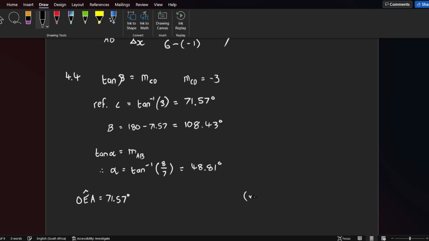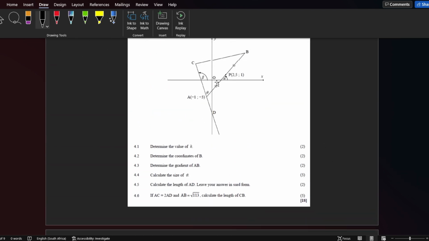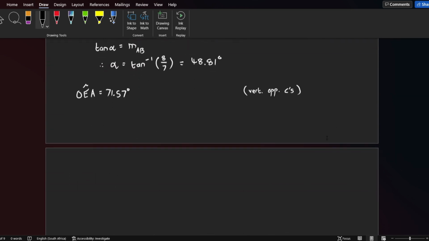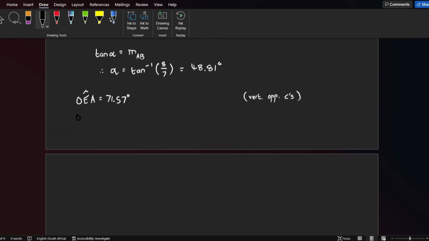So that is vertically opposite angles. And then we have angle O, we can call that point F. Angle OFA is equal to angle alpha, which is equal to 48.81 degrees. Again, same reason, vertically opposite angles. Vertically opposite angles are equal.